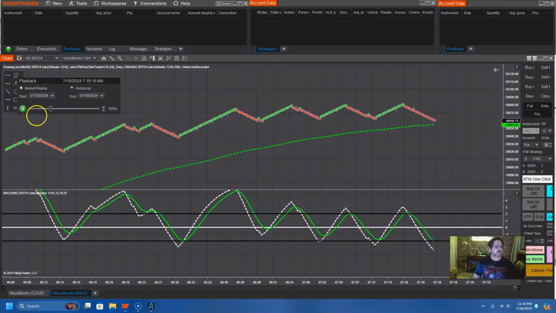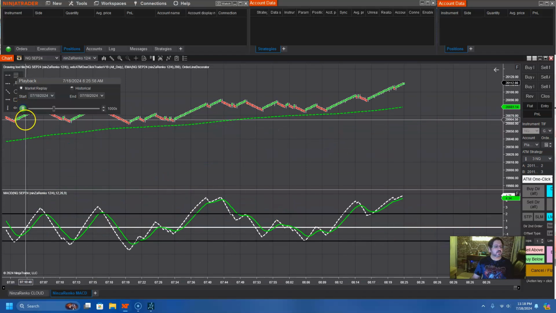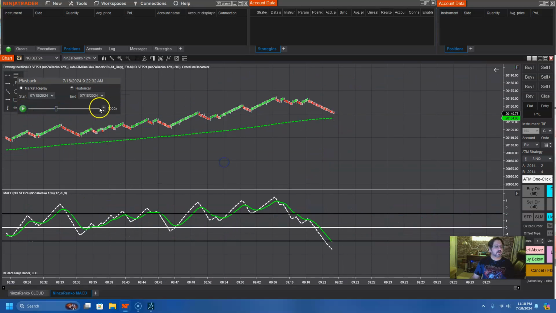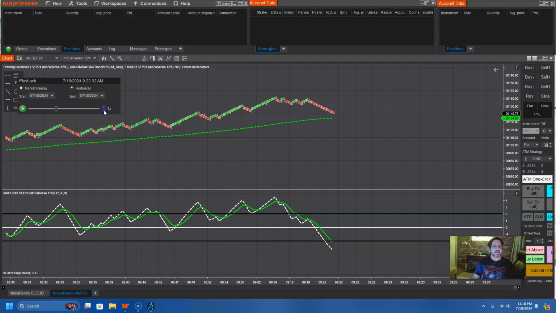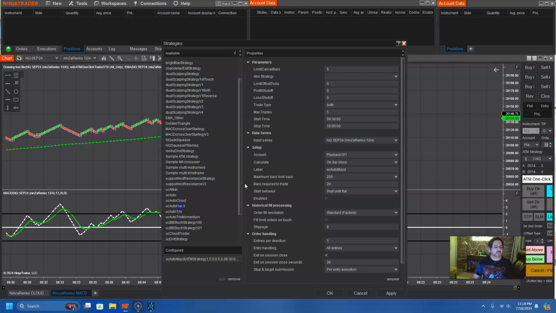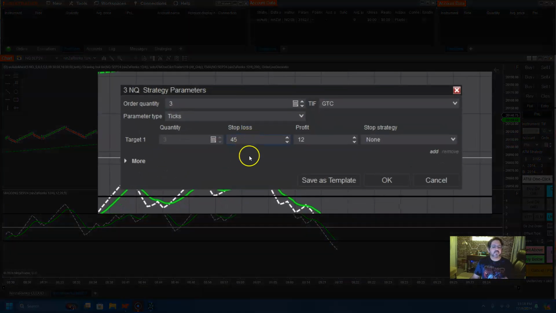Okay, that's good. We're almost there. All right, I'll stop there, slow this thing down, and let us apply the tool, MACD. Let's do it with 3 contracts. Apply. The template I think can work is 40 or 45 ticks stop loss with 12 ticks profit, right?